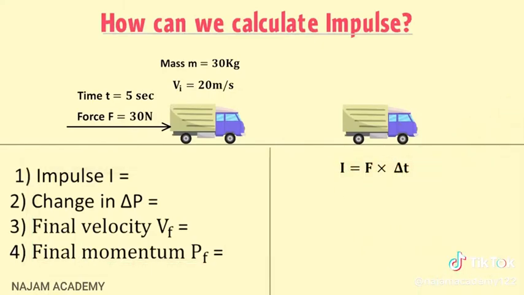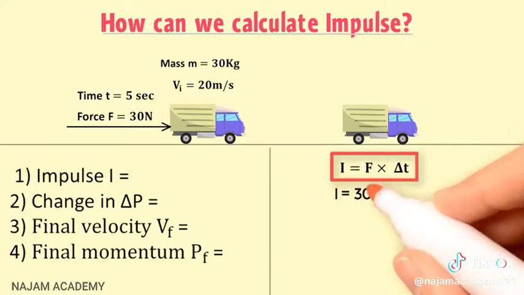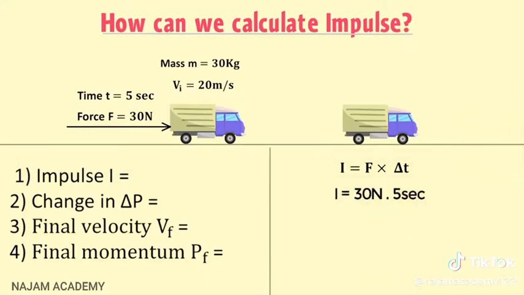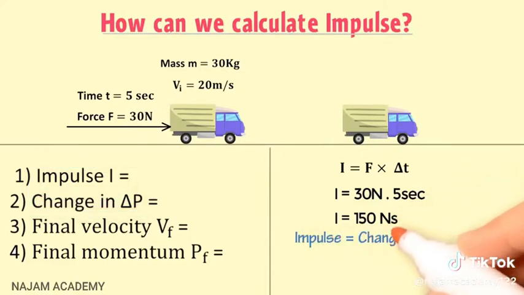We know that impulse I is equal to F into t. Hence, impulse is equal to 30 Newton into 5 seconds. We get I is equal to 150 Newton second. As we learned in the previous section that impulse I is equal to change in momentum.